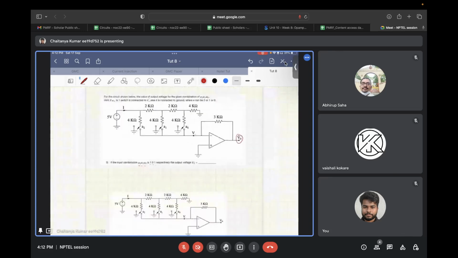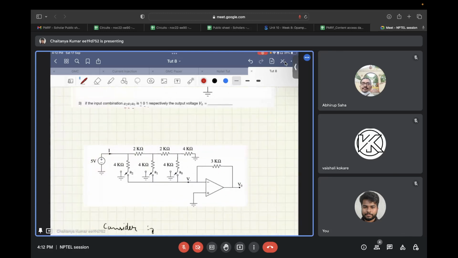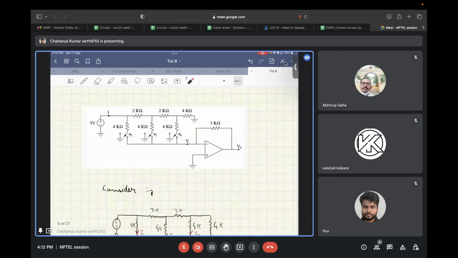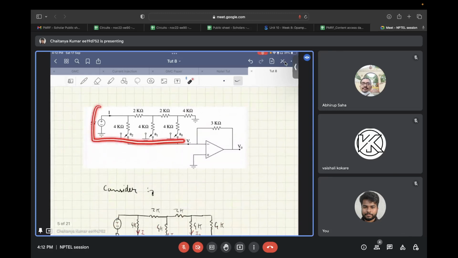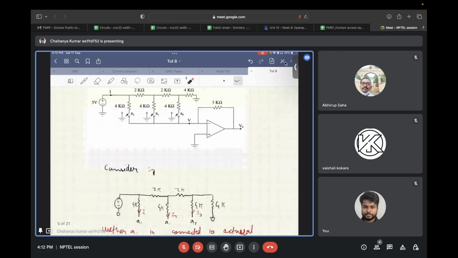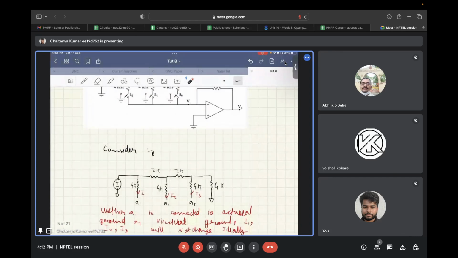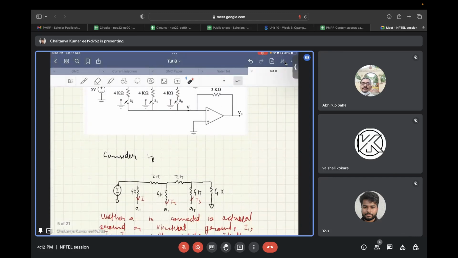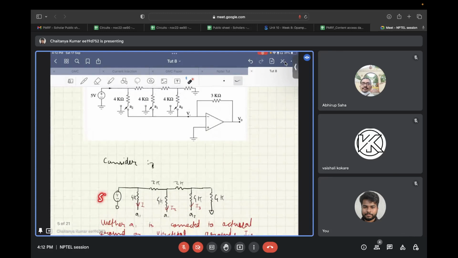So let's see the solution for this. Now, here is the circuit. If you consider only the network on the negative terminal of this op amp, you have a reference voltage of 5 volts that supplies current to this network, and the terminals of these 4 kilo ohm resistors are A1, A2, and A0.